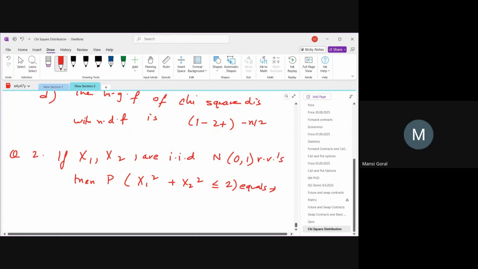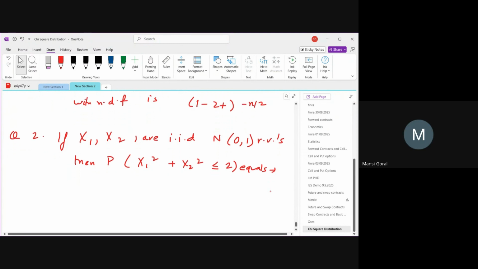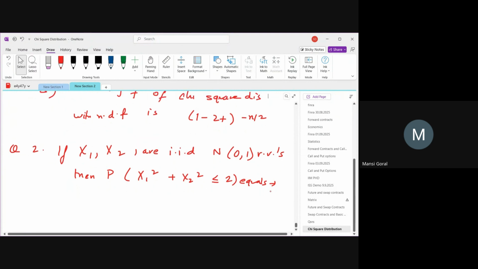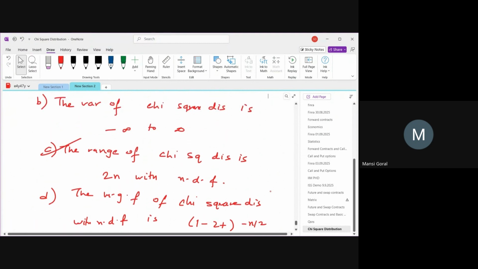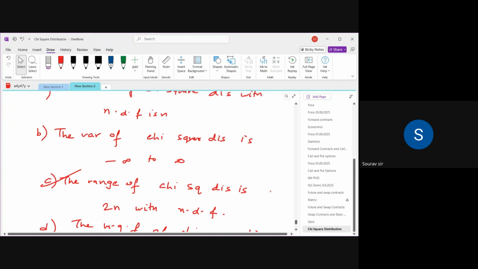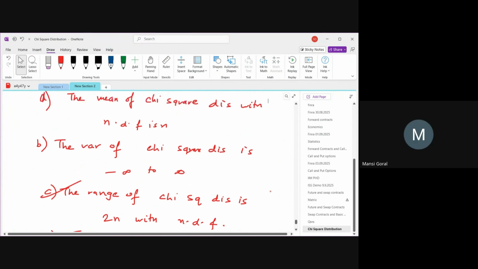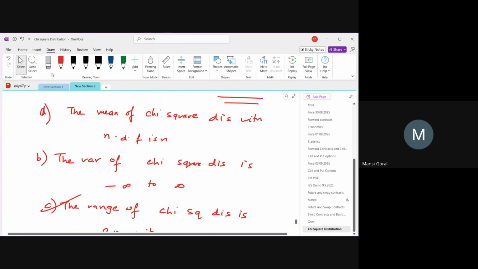Yes, tell me. Ma'am, in the previous question, the option was given that variance would be from minus infinity to infinity. Will that be a correct option, ma'am? Which one? Option B. I guess option B would be the one, because variance is always positive, no, ma'am? Yeah, variance is 2n.